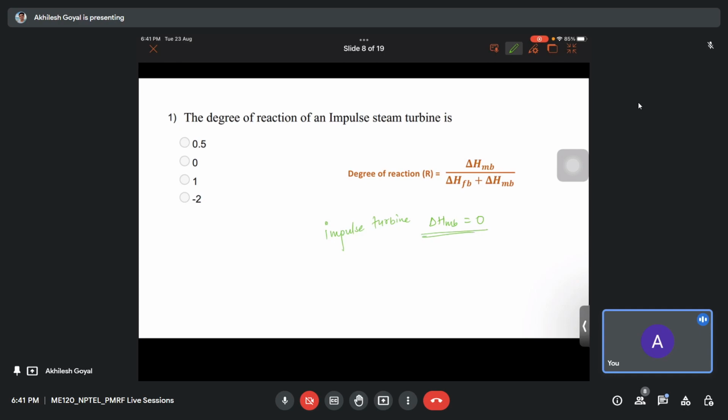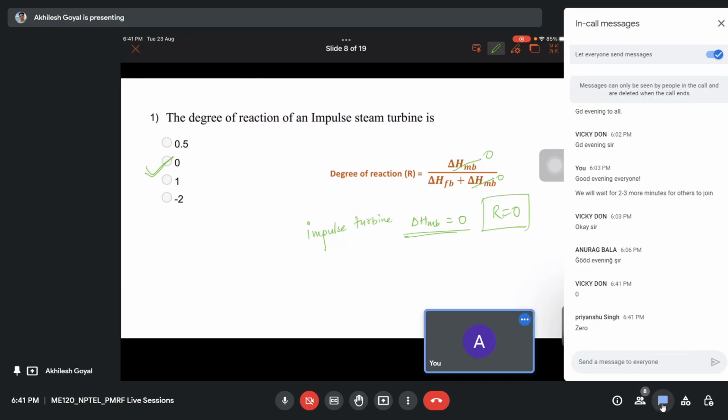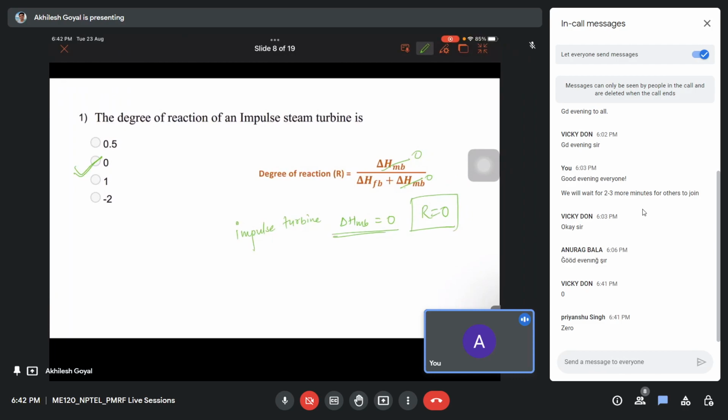So in moving blades there is no enthalpy drop. That means the numerator is 0 and the degree of reaction R becomes 0. So B is the answer. And I think Vicky and Priyanshu, your answers are correct.